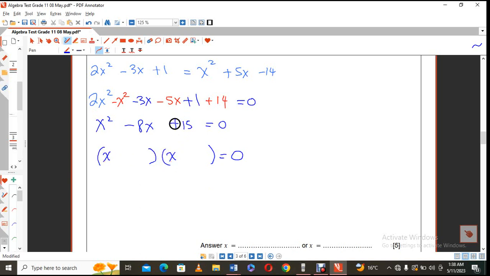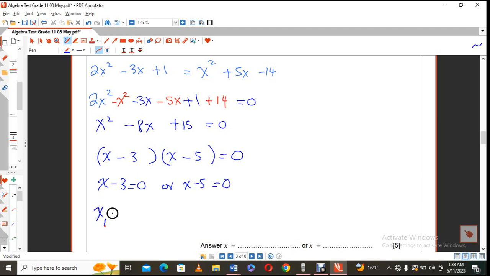The constant term is positive, so I'm looking for two identical negative numbers, and the numbers are negative 3 and negative 5 respectively, because negative 3 times negative 5 will give you 15, and negative 3 plus negative 5 will give you negative 8. If you multiply and get a product of 0, it implies that either one number is equal to 0 or the other number is equal to 0.